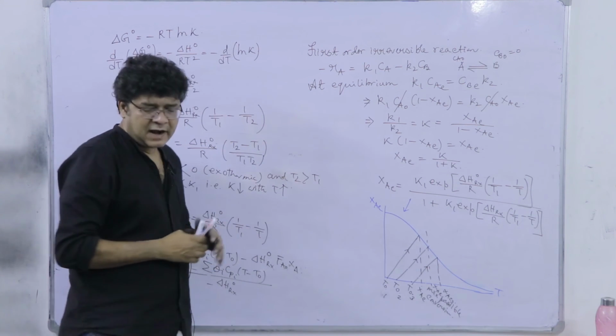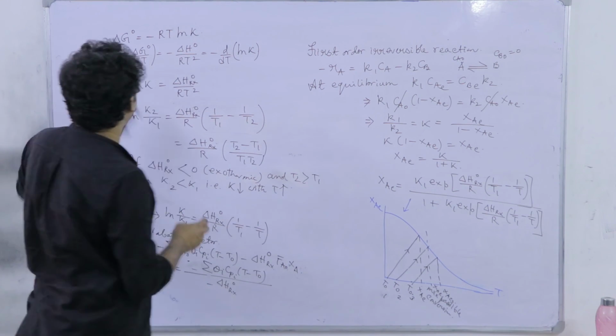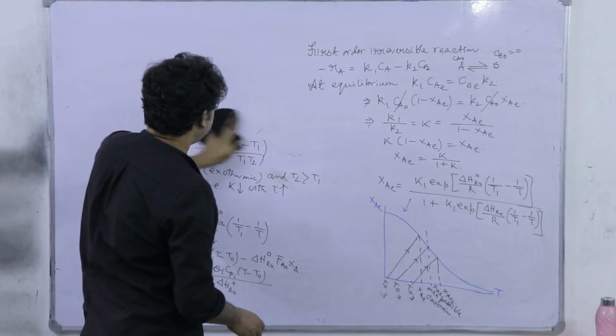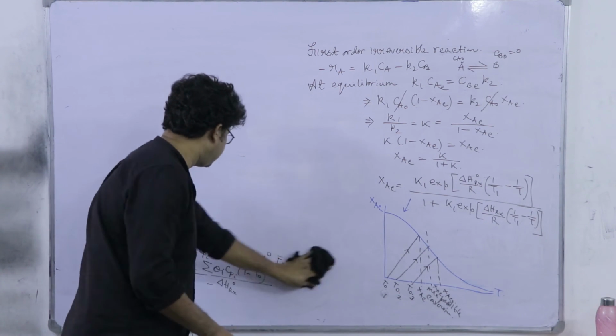So what is the strategy? From the engineering point of view, what will be our strategy to increase this conversion? We will use a staged reactor with intermediate heaters, right?